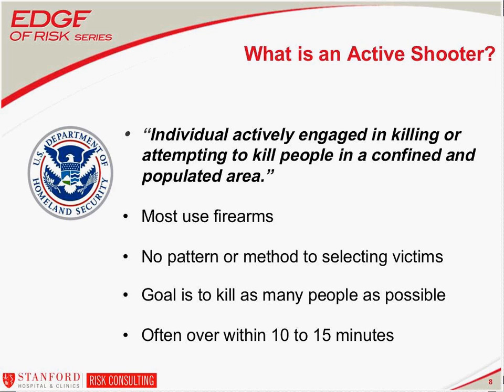In most cases, active shooters use firearms, and there is no pattern or method to their selection of victims. As distinct from shootings during a robbery or domestic violence, the active shooter's goal is to kill as many people as possible until they commit suicide or are injured or killed by police. Most events are over within 10 to 15 minutes.